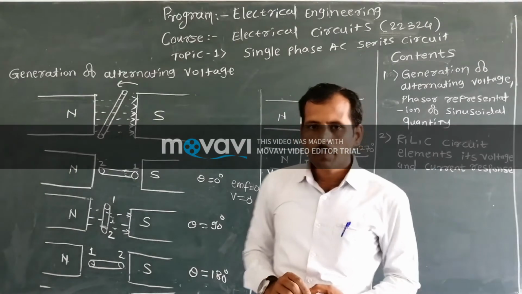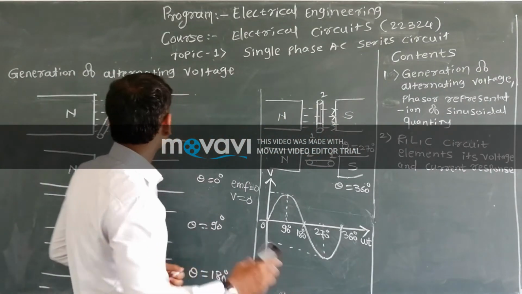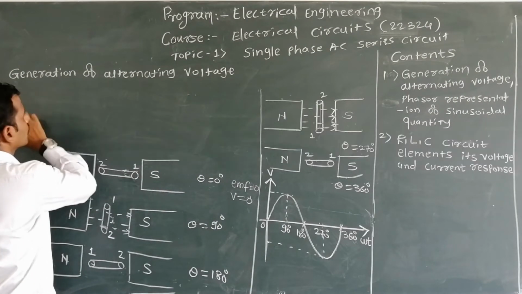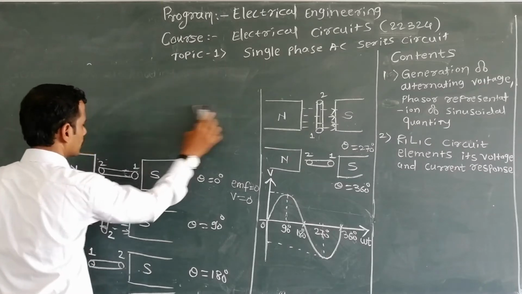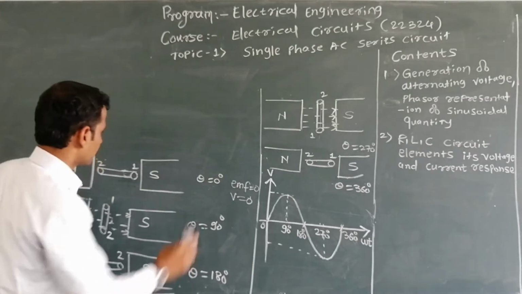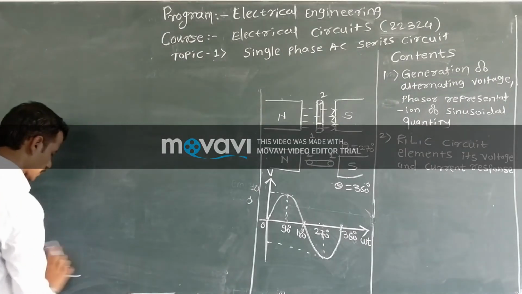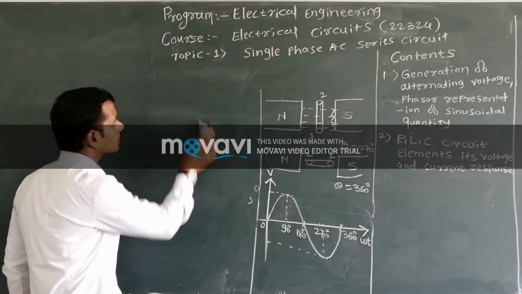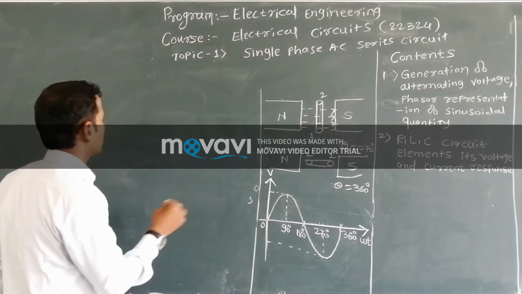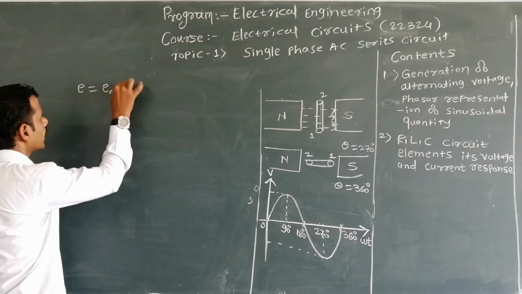Next, we will see some basic definitions. Before going to see basic definitions, the induced voltage standard equation is E equal to Em sin omega t.